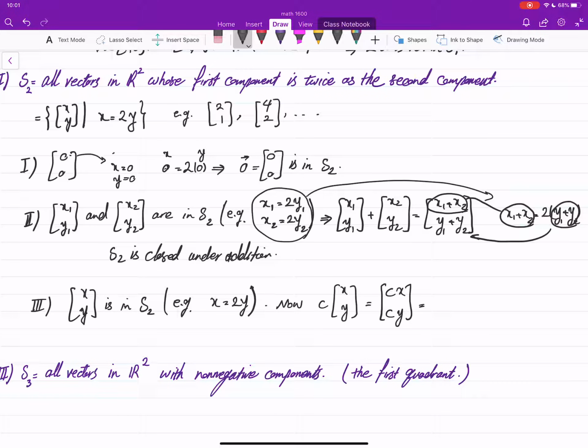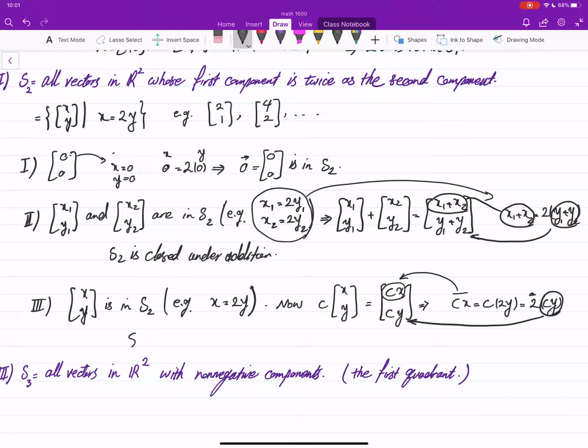Then we know that here cx is, well, we already know x is twice y, and this is the same thing as writing 2 times cy. What we showed was that the first component of the scalar multiple of (x, y) is twice the second component of the scalar multiple.